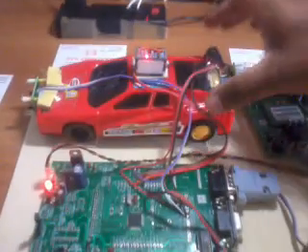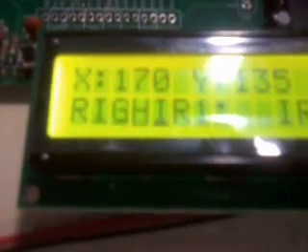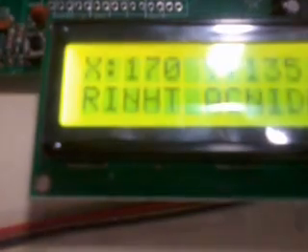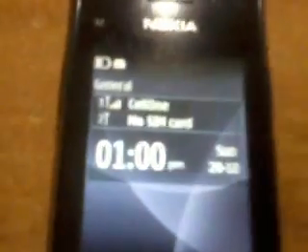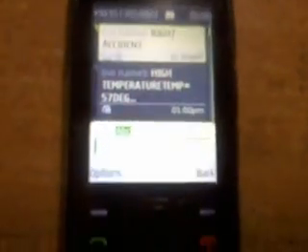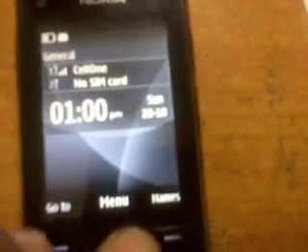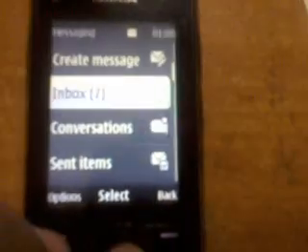Here we can see the tilting angle. I am going to tilt it to the right, so an accident occurred on the right. We got the SMS called right accident. We can see our box also.